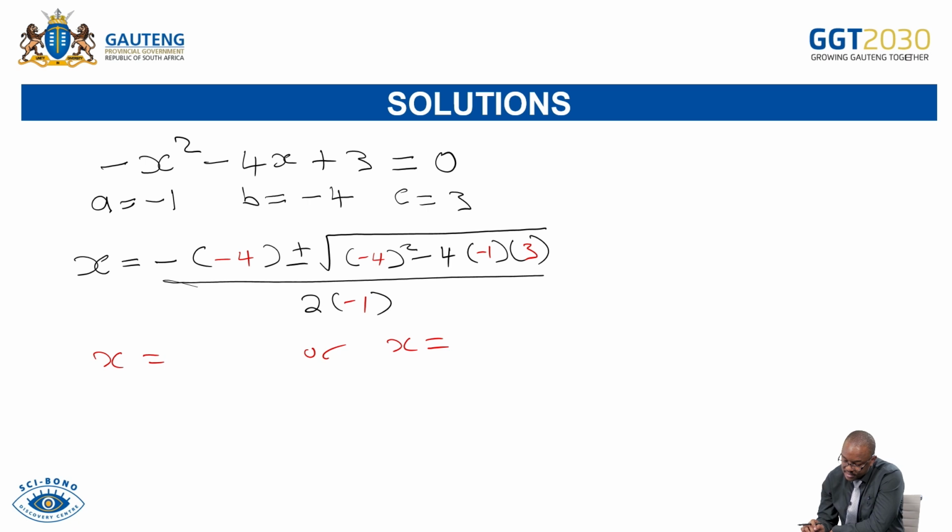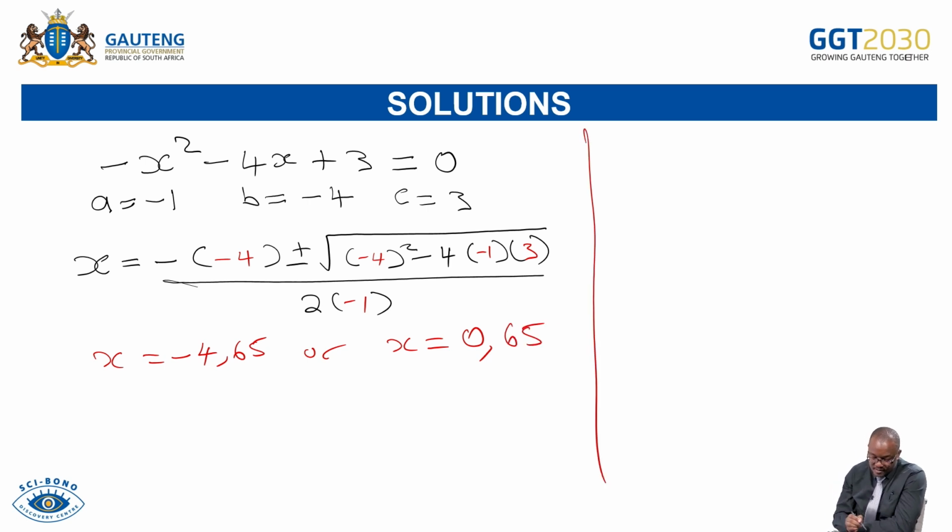So you realize that the first one, as you solve it, we are getting -4,65. Then we change it to the second one. The other x value is going to be 0,65.